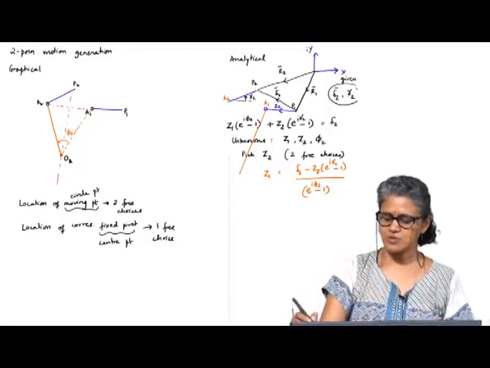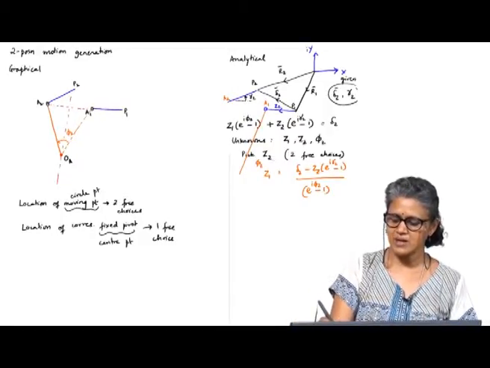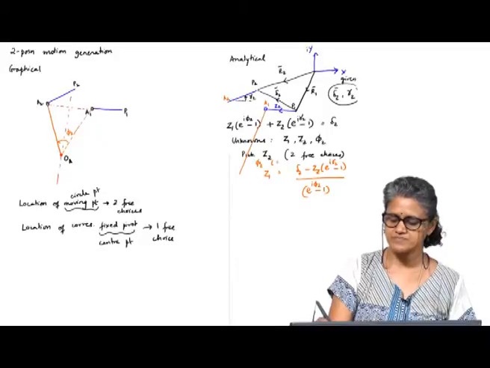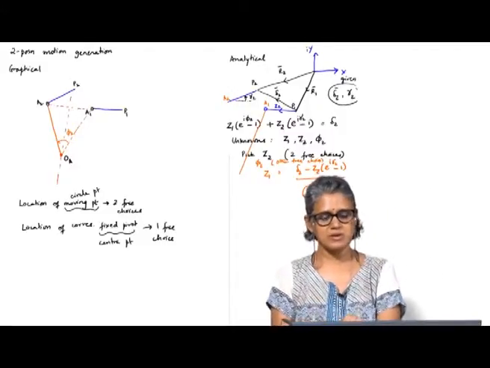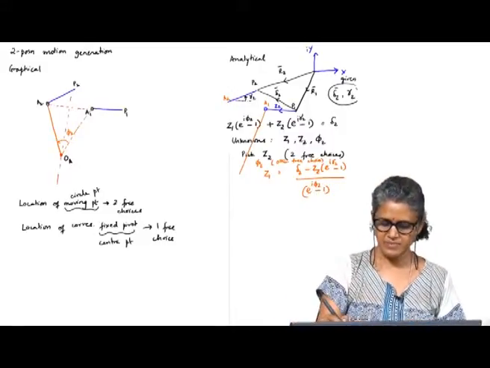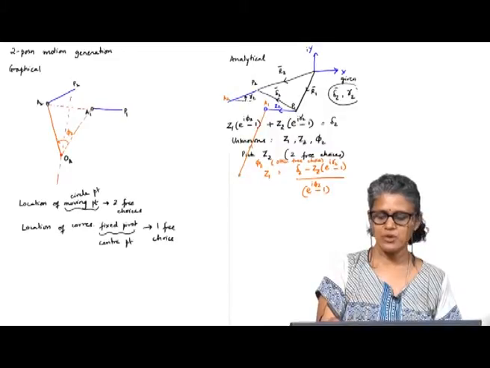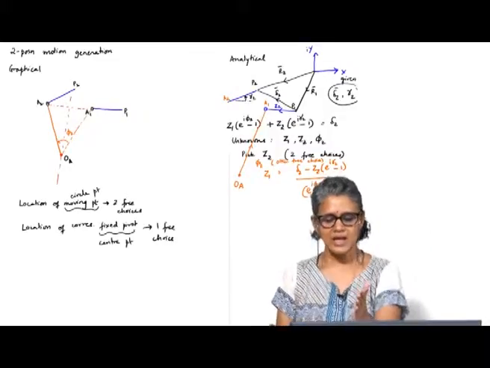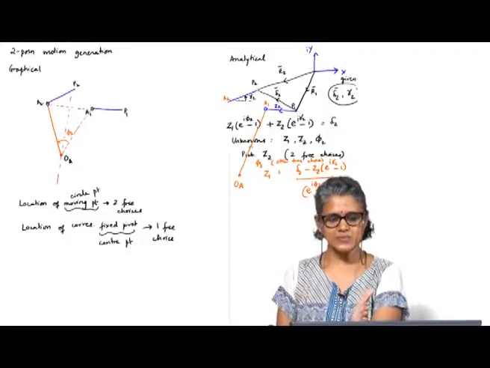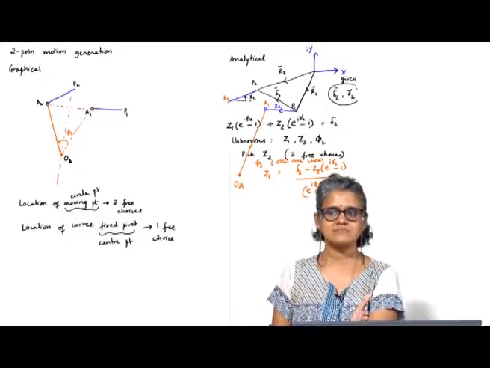So, phi 2 is the other free choice, but phi 2 then helps me locate Z1. When I solve for Z1, I get this. So, then I am able to locate OA from this, and it is such that it will rotate by phi 2.